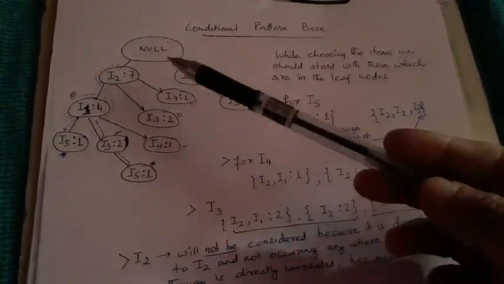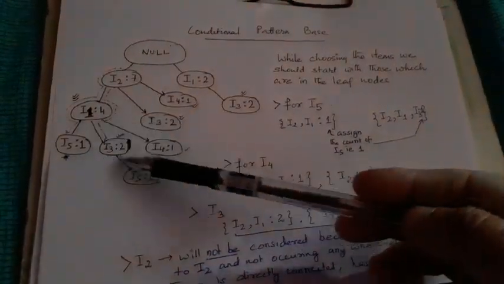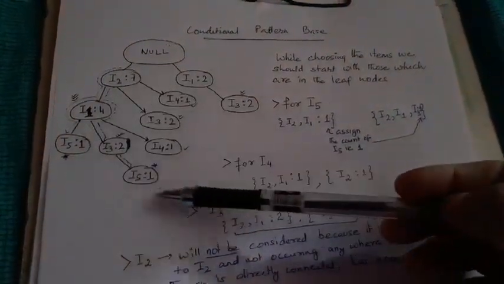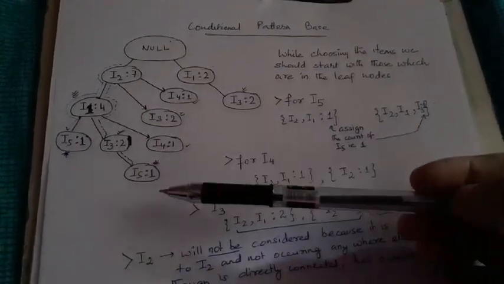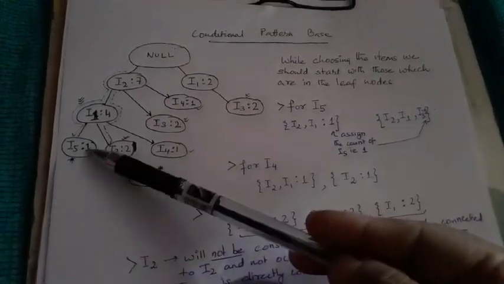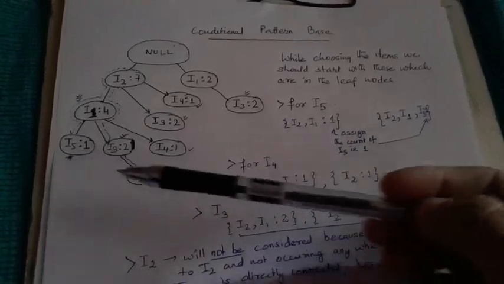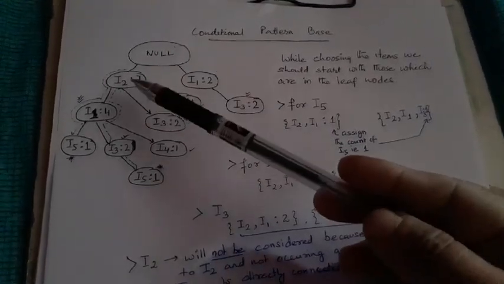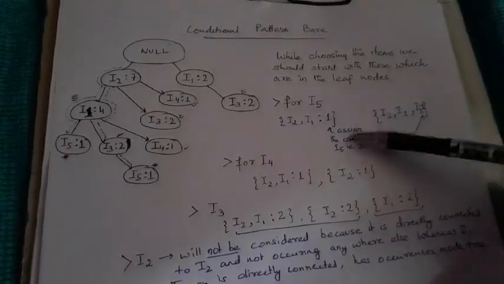Now we'll see which patterns are connecting to I5, that means the list of nodes connecting to I5. Here in this diagram we have two I5 nodes, this I5 and the other I5. We see which nodes connect to these two items. First we have I2, I1, and the other one is I2, I1, I3. That is jotted down here.